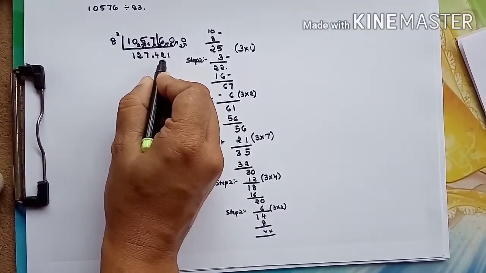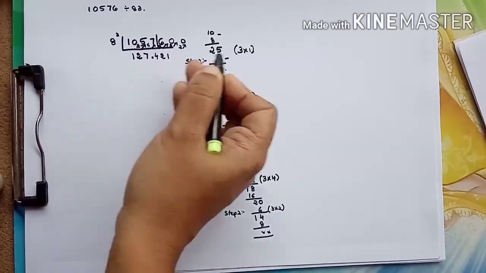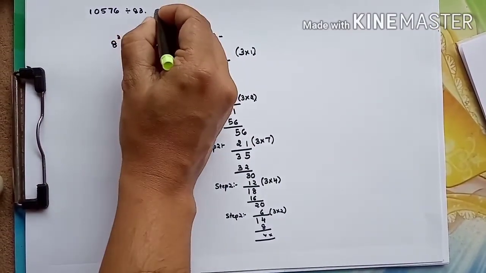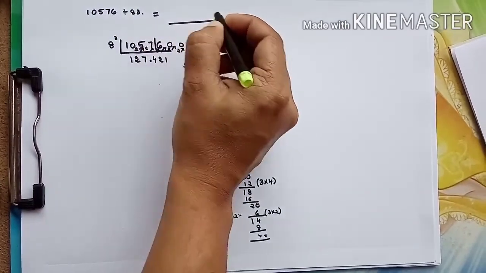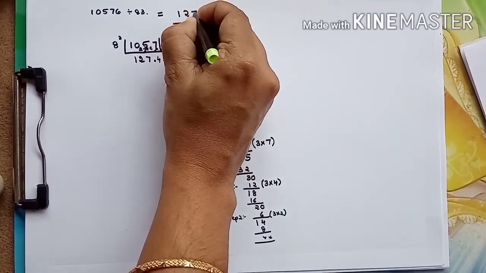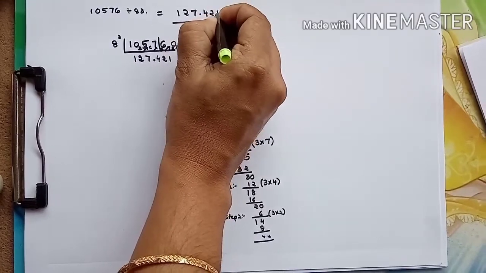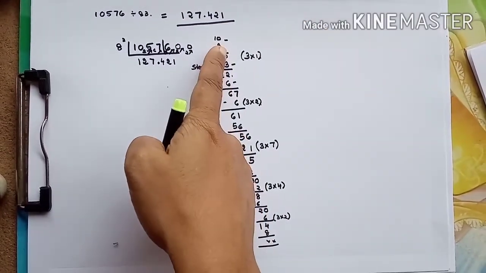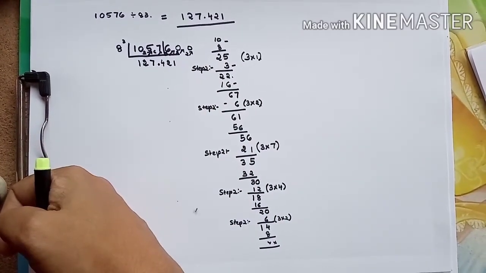I have done 3 numbers after the decimal point. It's more than enough. So the answer will be 127.421. Why don't you check it out with a calculator if I am right? I am absolutely right. Okay, this is how you do it.